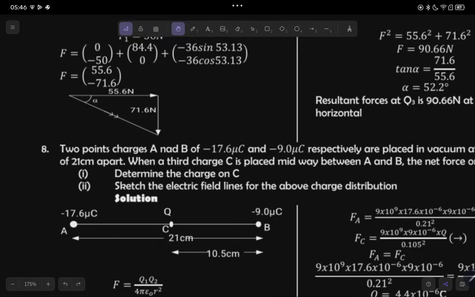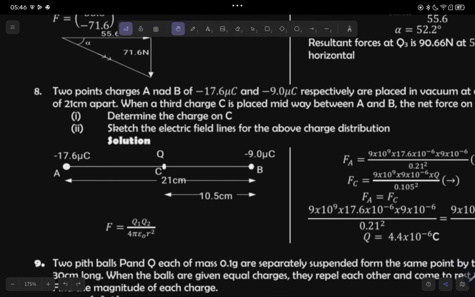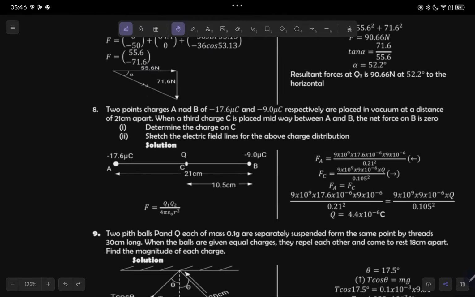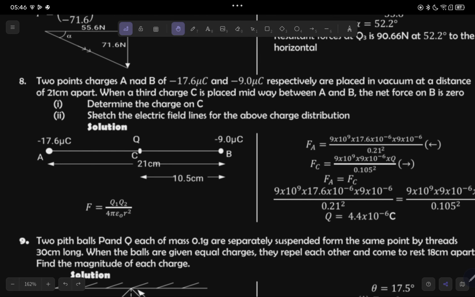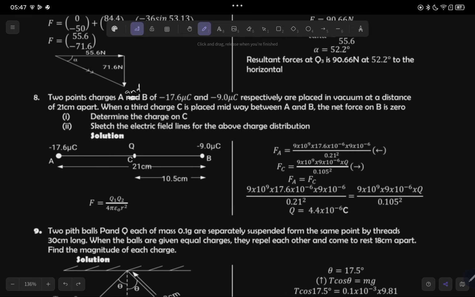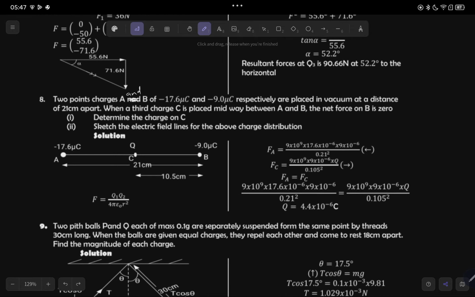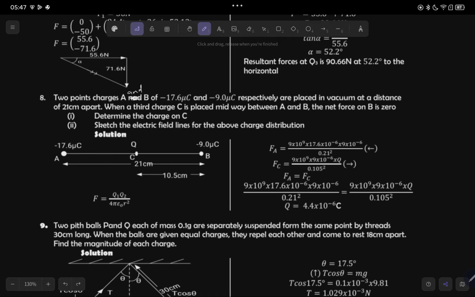We also have question number 8. Let's move together through question number 8. Question number 8 says two point charges A and B, of negative 17.6 microcoulombs and negative 9.0 microcoulombs respectively, are placed in a vacuum at a distance of 21 centimeters apart.